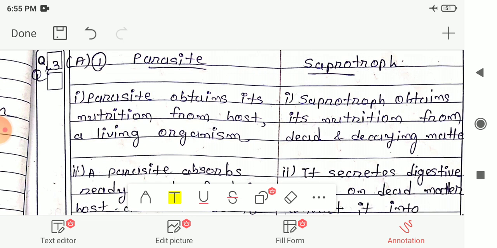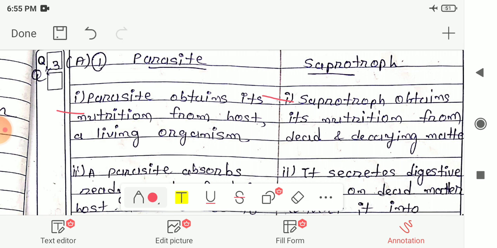A parasite obtains its nutrition from a host, or you can say a living organism. Parasites obtain the nutrition from the other plant, which is known as the host. Next is saprotroph. So saprotrophs obtain their nutrition from dead or decaying matter or rotten matter.